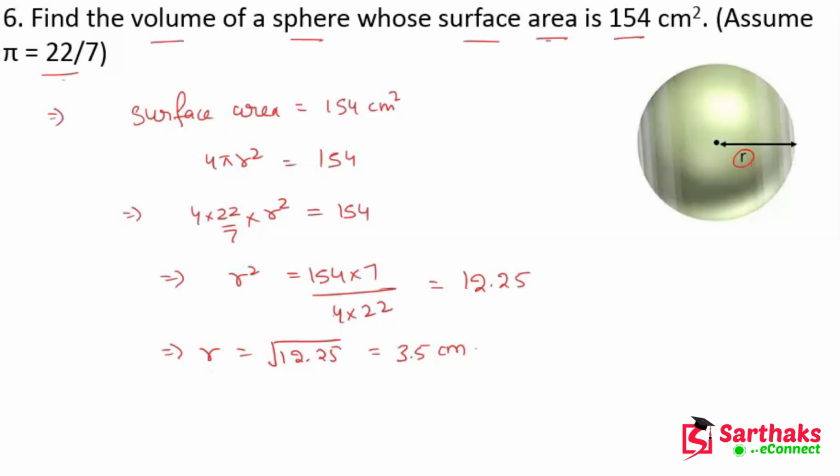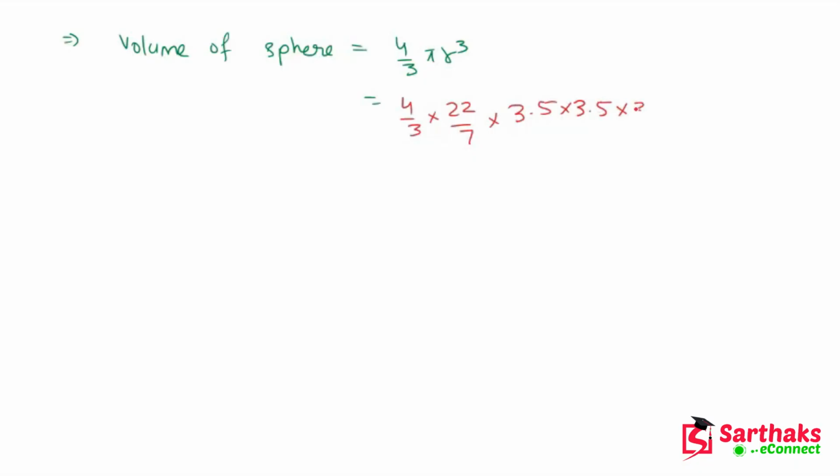Now the volume of a sphere is 4 upon 3 pi r cube. Got it? So here we can write 4 upon 3 into 22 upon 7 into r, which is 3.5, so 3.5 into 3.5 into 3.5.